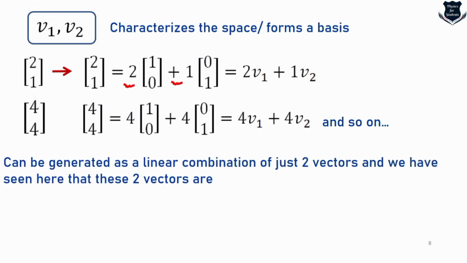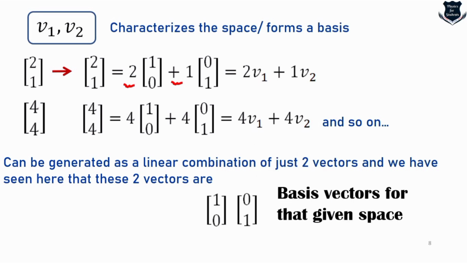These can be generated as a linear combination of just two vectors, and we have seen that these vectors, 1, 0 and 0, 1, are the basis vectors for that space. What we are trying to understand is that it can go on and on up to any number.